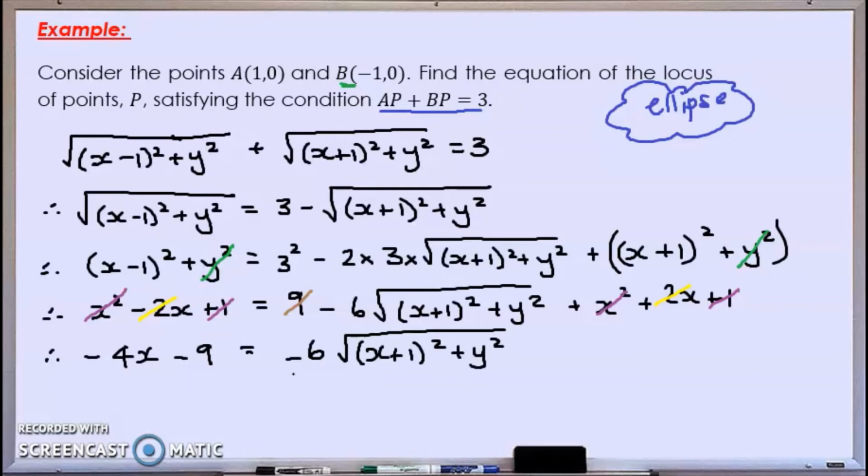And finally, I notice every term is negative, so let's make it a little bit friendlier by making every term positive. So now I'm ready to square both sides again, and you'll notice that I'll get rid of this square root radical.